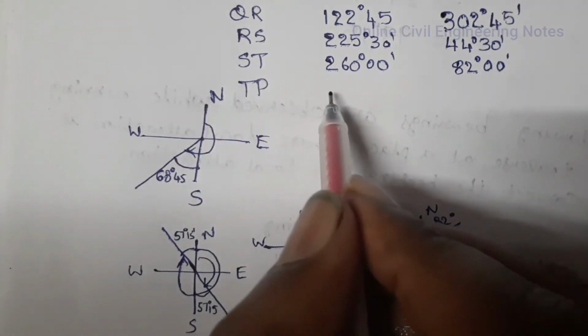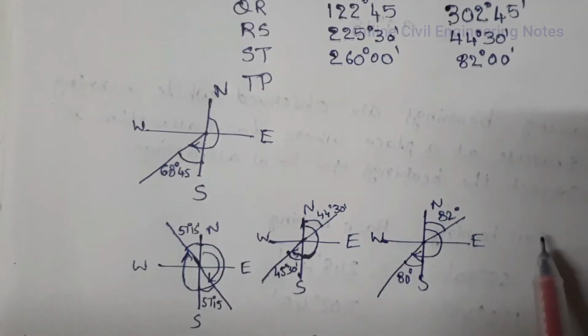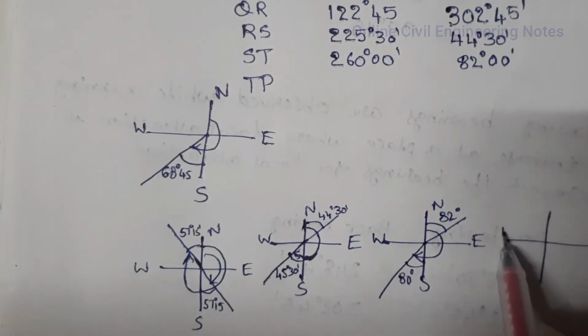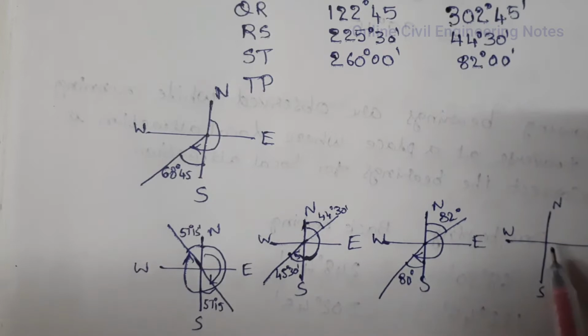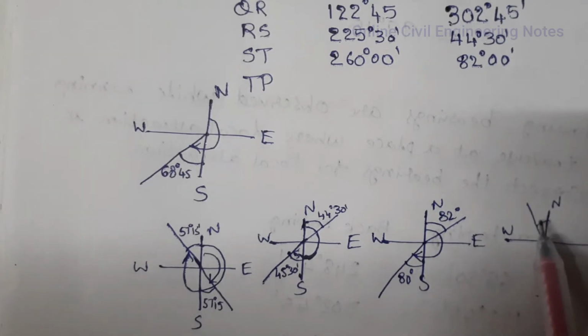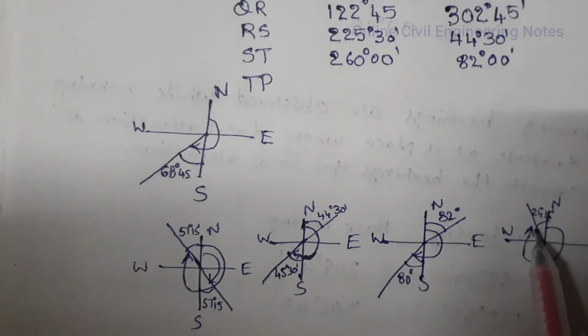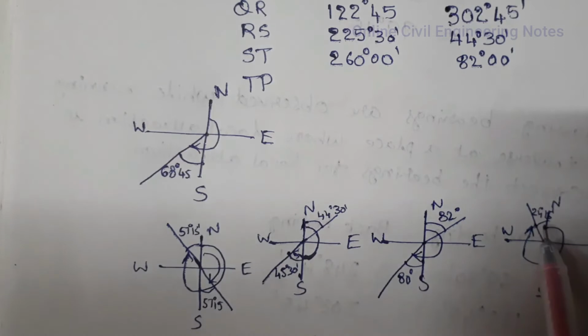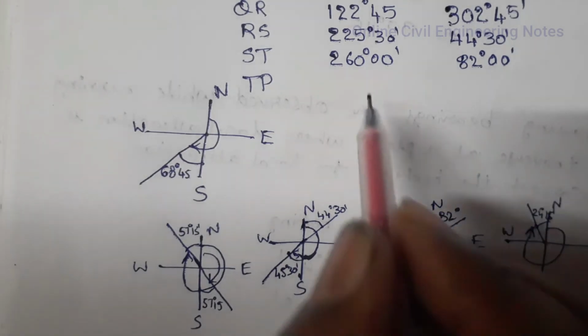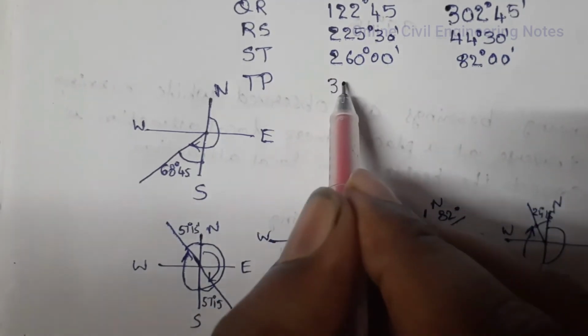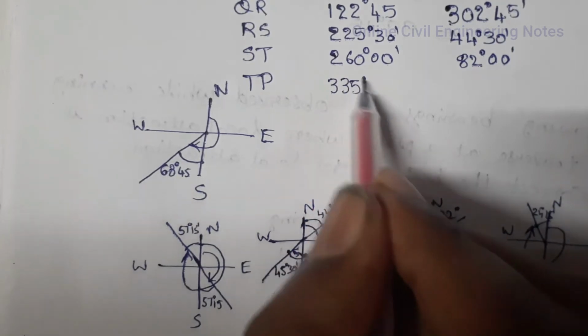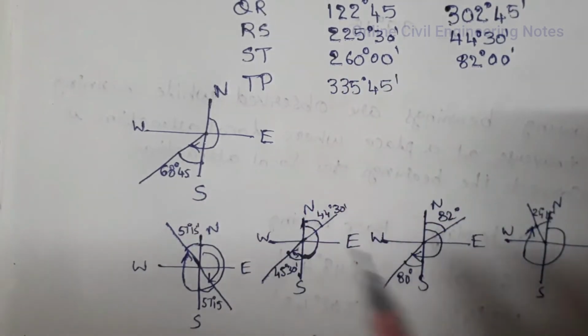TP line: N 24 degrees 15 minutes. Therefore, whole circle bearing is 360 minus 24 degrees 15 minutes, which is equal to 335 degrees 45 minutes.